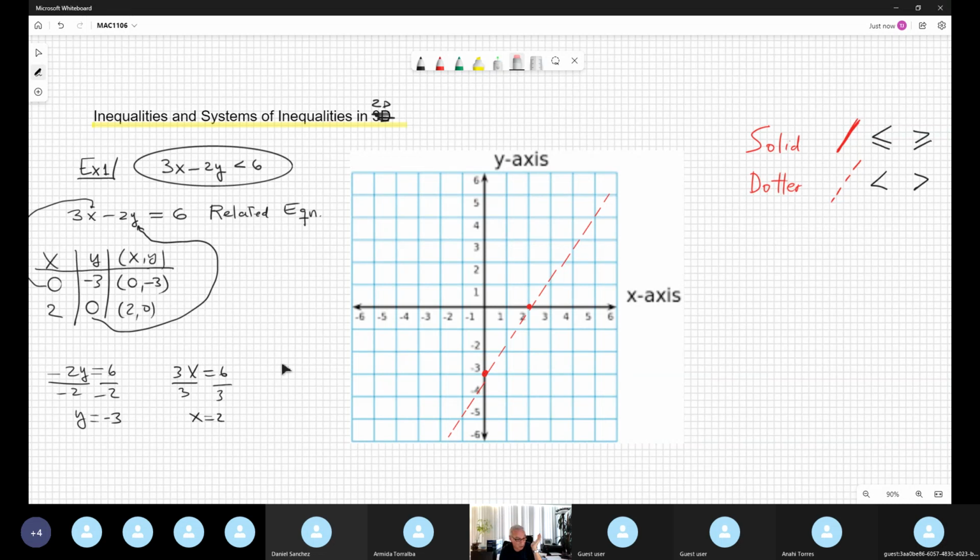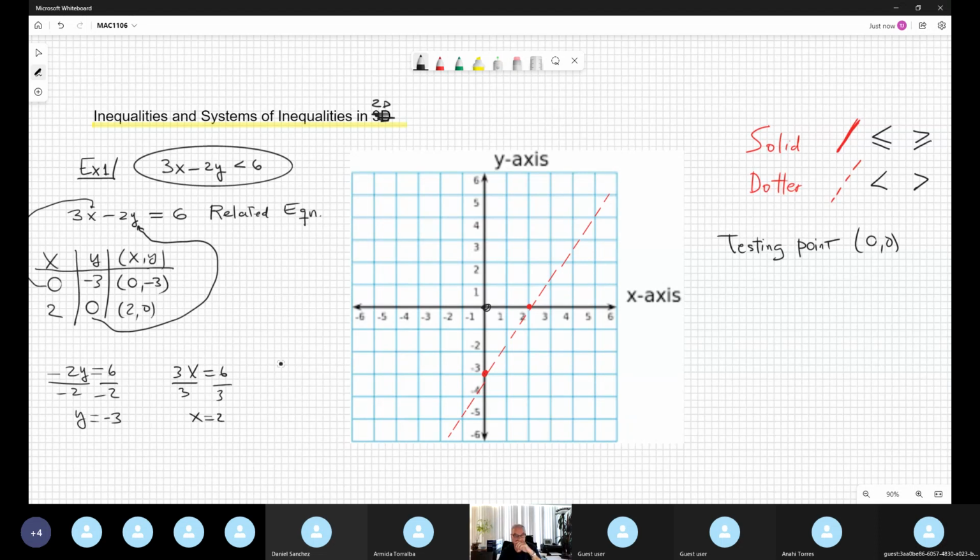I don't know if it's below or above, so you take a testing point. The most popular testing point is 0, 0, the origin, because it's easy to understand.